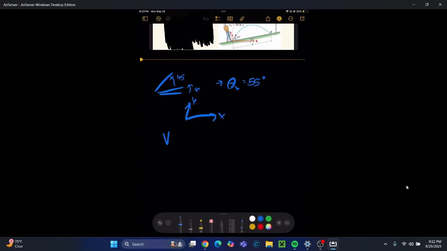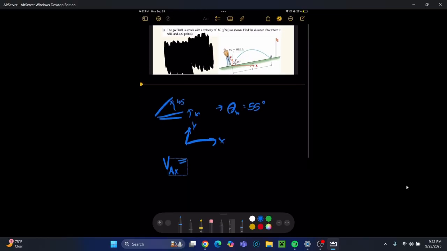Okay, so let's find our velocity of A with respect to x. That's equal to our magnitude of A, which we know is 80 feet per second.